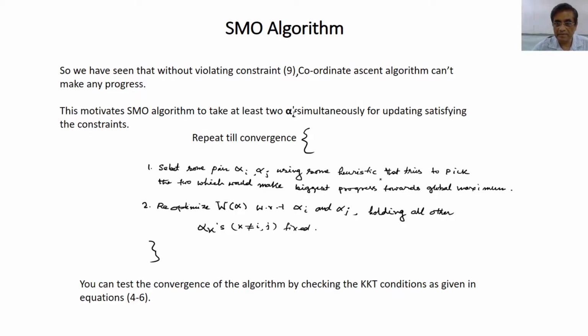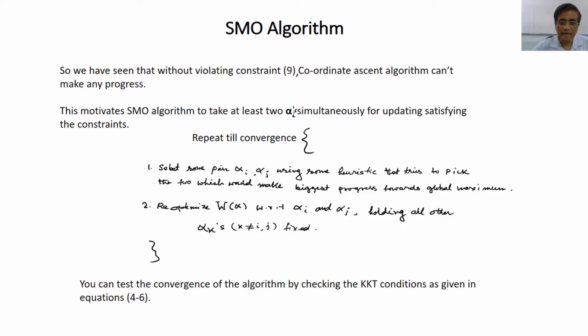In AI, a lot of heuristics are there. Here the normal sense of using a heuristic function is to select those alphas which make very quick changes and progress in attaining the global maximum value of W.